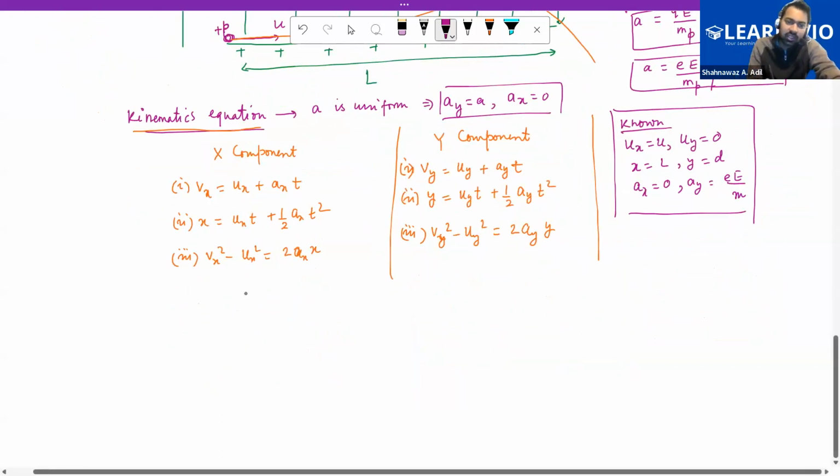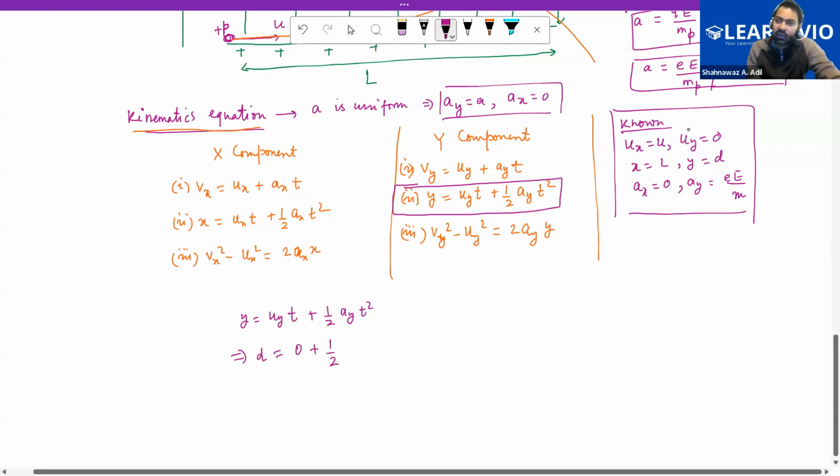Now we consider the second equation of the y component. So y is uyt plus half ayt square. Y is how much? That is d. Uy is 0, so that part is cancelled. And half ay we have already calculated.